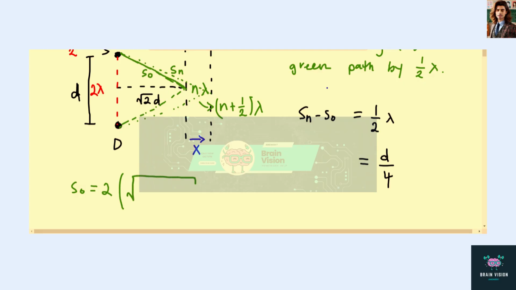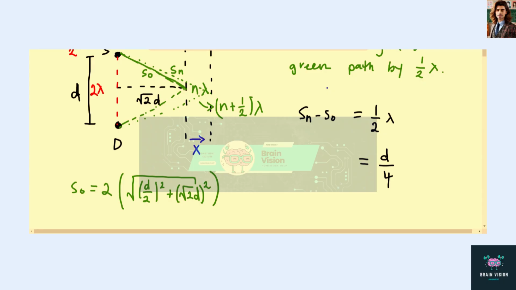So the square root of (d/2) squared plus (root 2 d) squared. We can simplify this pretty easily, so I think I'm going to do that right away.